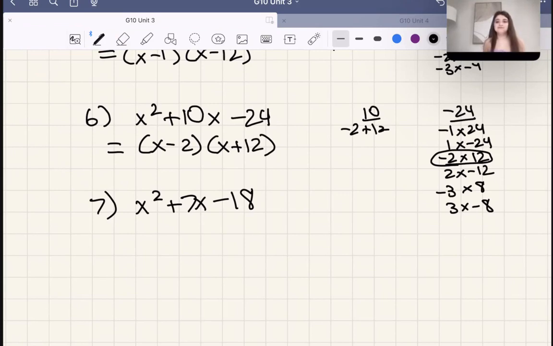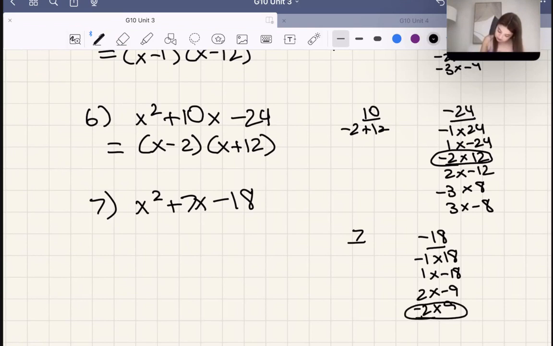Awesome. All right, and let's do one last one here, where we need to find two things that multiply to negative 18 and add up to 7. Okay, so let's do it. For negative 18, we have, let's see, negative 1 times 18, 1 times negative 18, 2 times negative 9, negative 2 times 9, which is going to be our answer, negative 3 times 6, and 3 times negative 6.